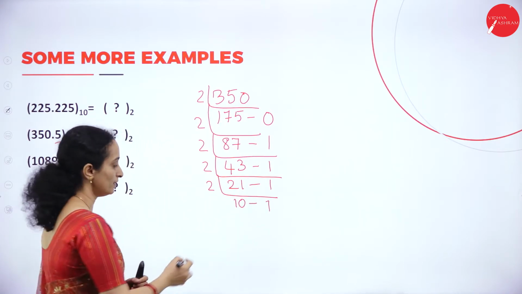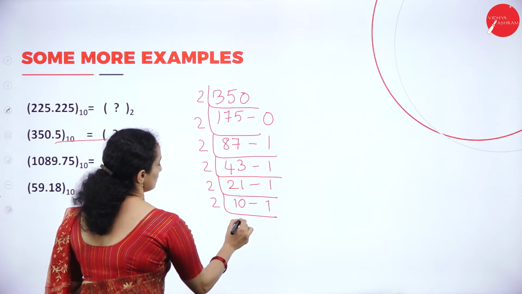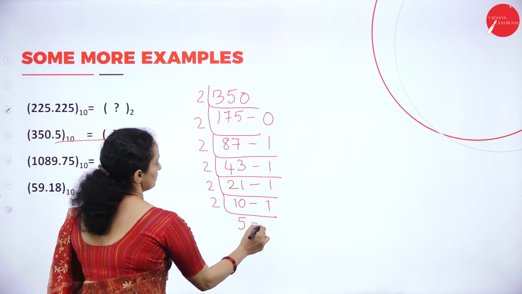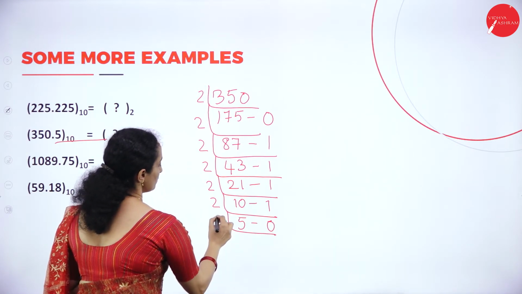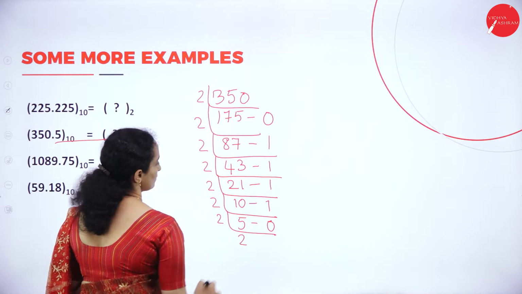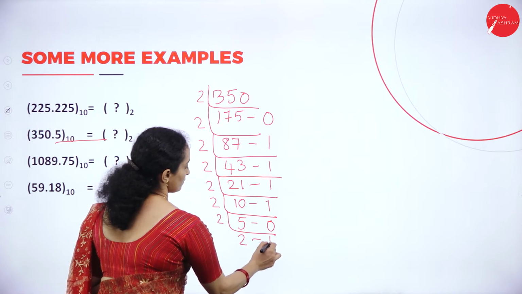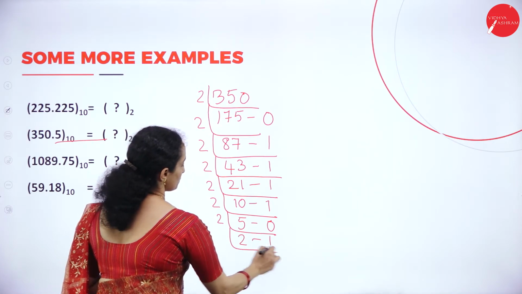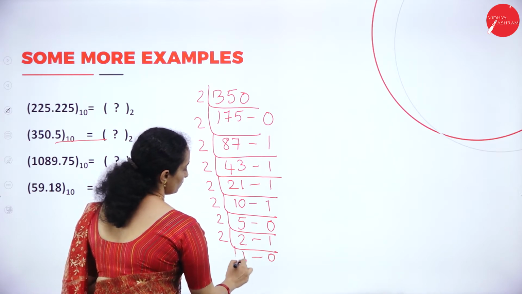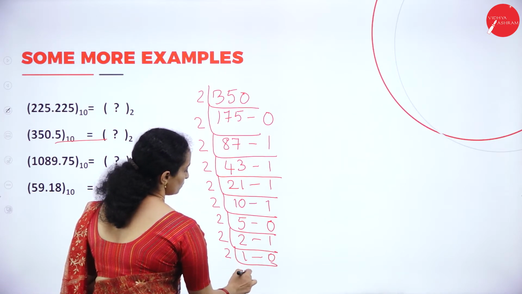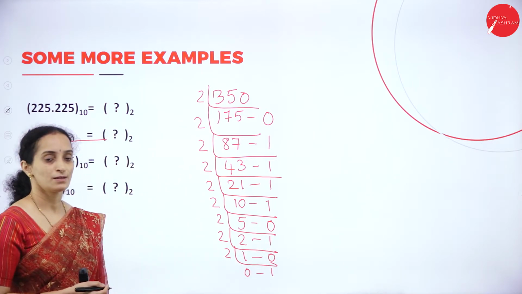Remainder is 1. Remainder 0. Remainder is 1. 2 ones are 2, remainder is 0. Quotient is 0 and remainder is 1.